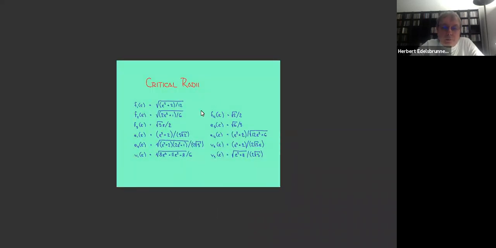I'm not going to explain these formulas, I just show that they exist, which means that for every epsilon, I know exactly when the critical radius is reached when I, for example, pass the big face of the truncated octahedron. So I have these formulas over the entire range. That gives me complete control of what's happening.